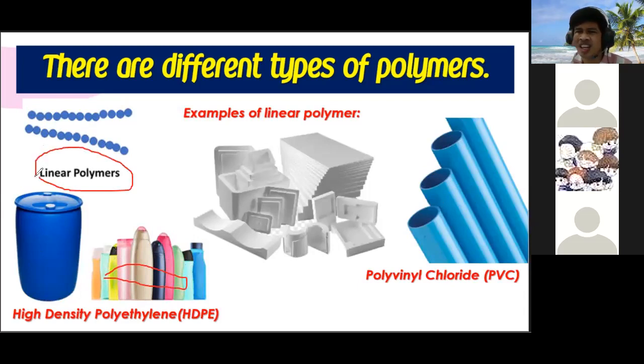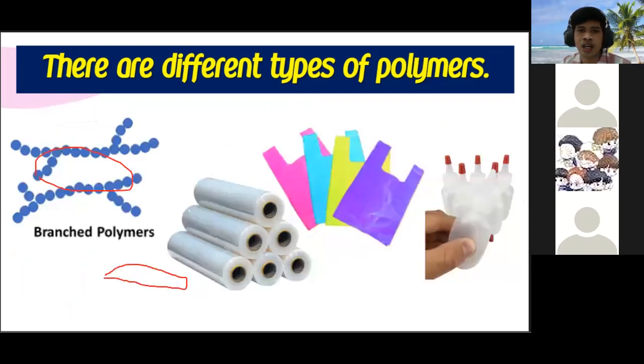This means that they are thick plastic. Another one is polystyrene, or PS, another example of a linear polymer. Another one is a branch polymer.